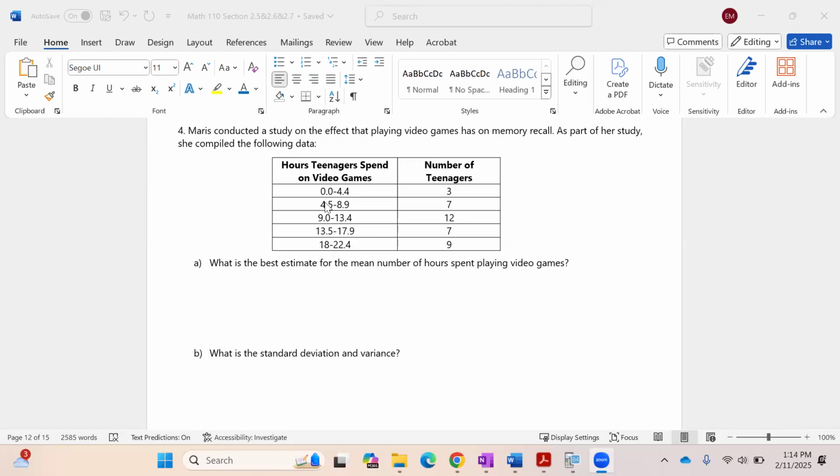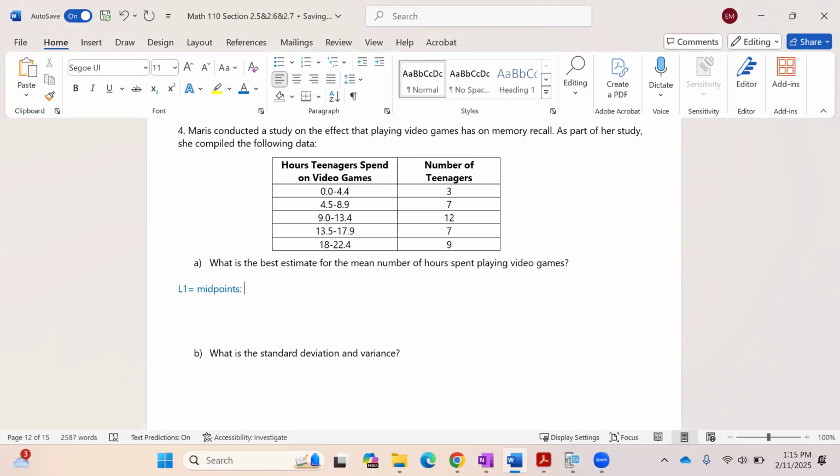We can't exactly get a number based on the table because it's a range of numbers from 0 to 4.4 and etc. So what we need to do is get the midpoints of these classes. I'll say list one equals midpoints, and let's calculate those out.